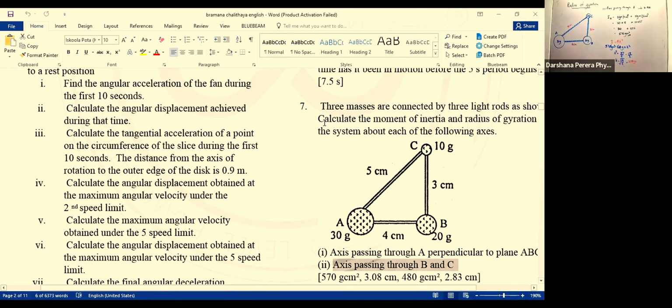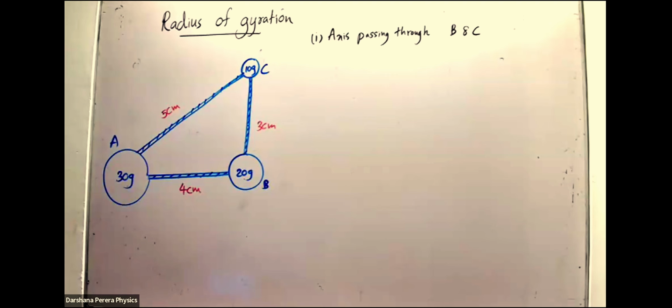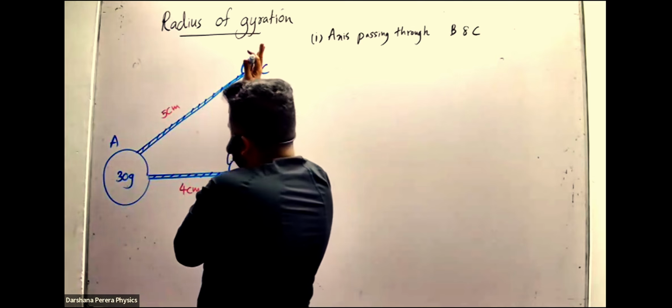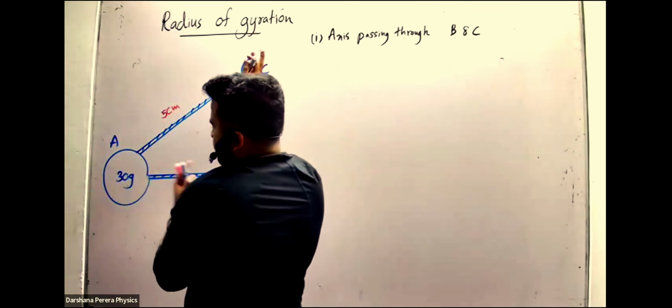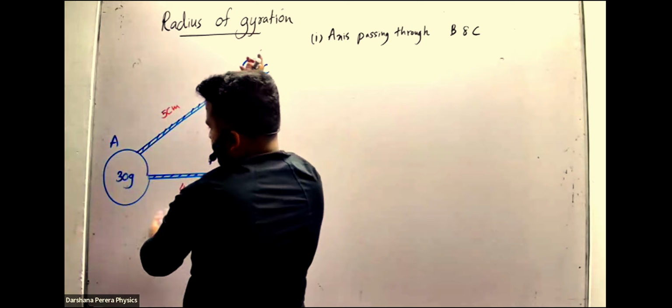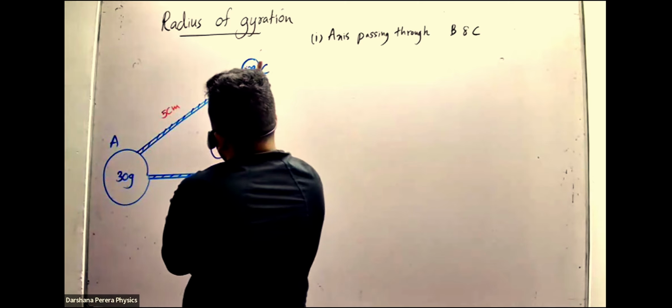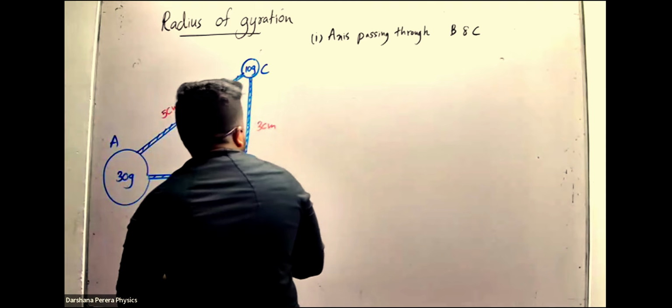The axis passing through B and C means we have to take this as the axis. The 30 gram rotates around it. Therefore, the axis is BC.